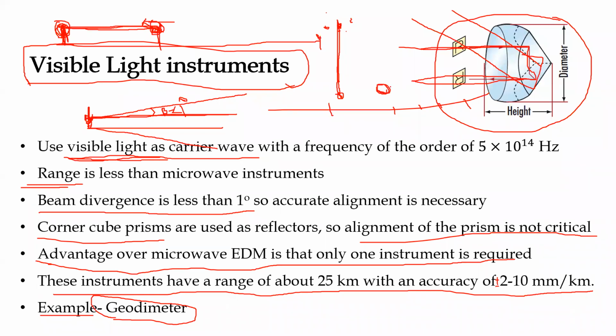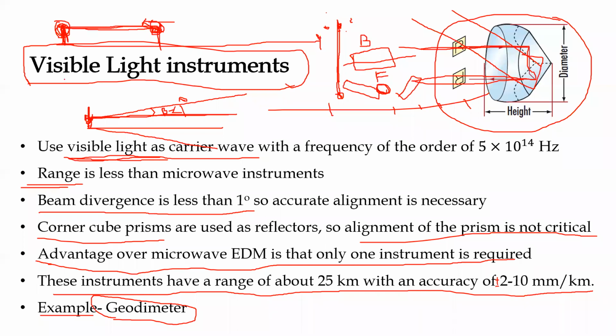placing the reflector. That means if this is the front of my reflector and this is the back side, then by what angle you are keeping your reflector in front of the instrument. So maybe you can keep it like this, maybe you can keep it like this.